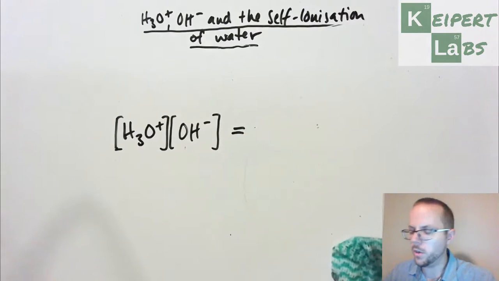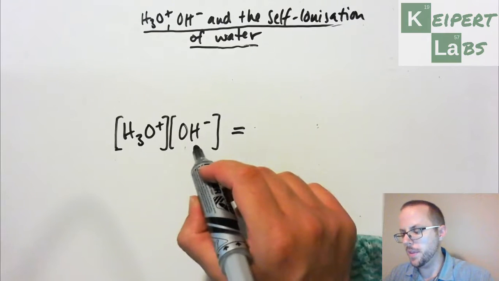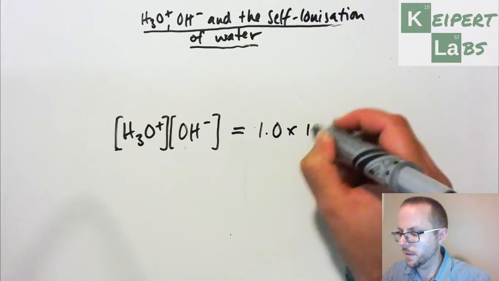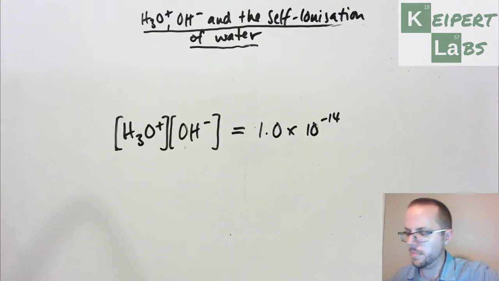No matter what concentration I have here, if I multiply it by the concentration we can measure here, I end up with this number specifically, 1.0 times 10 to the minus 14. Now it's a constant, it's not a measure, it's not a unit of measurement, it's a constant number.